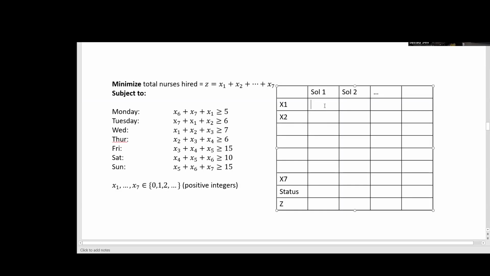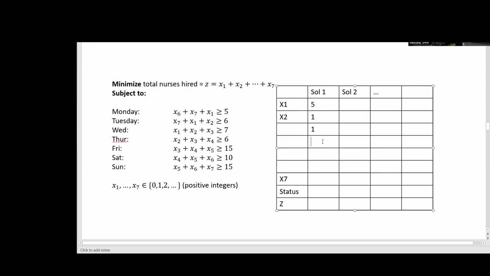Which is hire 5 here, 1, 1, and then go with that. So if I hire 5 on Monday, then you will put 1 here and 1 here. That's obviously not feasible.